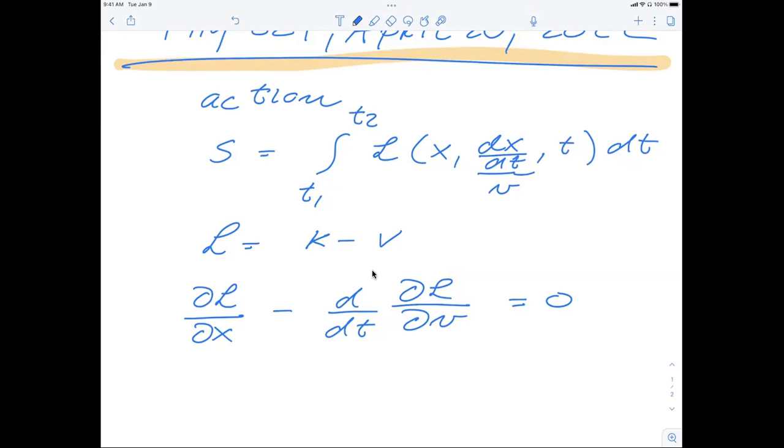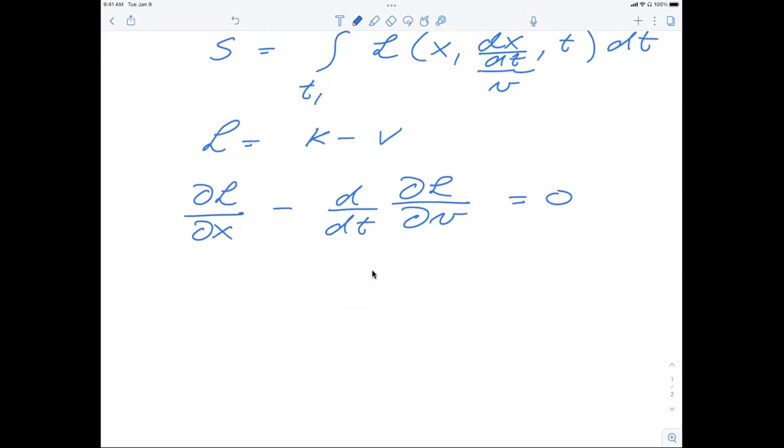So let's look at an example. The first example we are going to look at is to show that we can use variational calculus to show that the shortest distance between 2 points is a straight line. So this is the shortest path between 2 points.